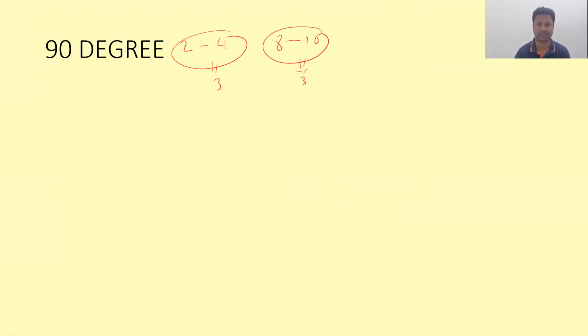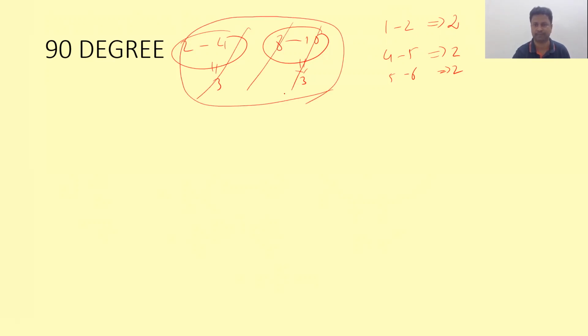If you see the previous video you will get this answer. For all the remaining times, 1 to 2, 4 to 5, 5 to 6, we will be having two 90 degrees for every 1 hour. The exception is this, so generally they won't ask questions from exceptions. No need to worry about that.